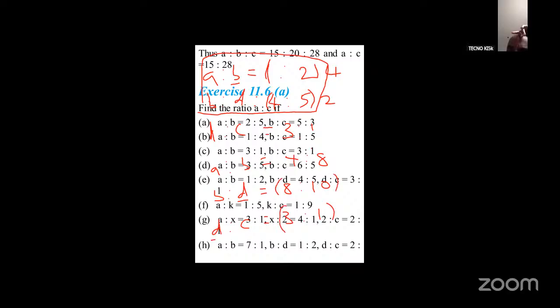We use the second ratio, 8:10, so the value of D there is 10. In D to C, the value of D is 3.